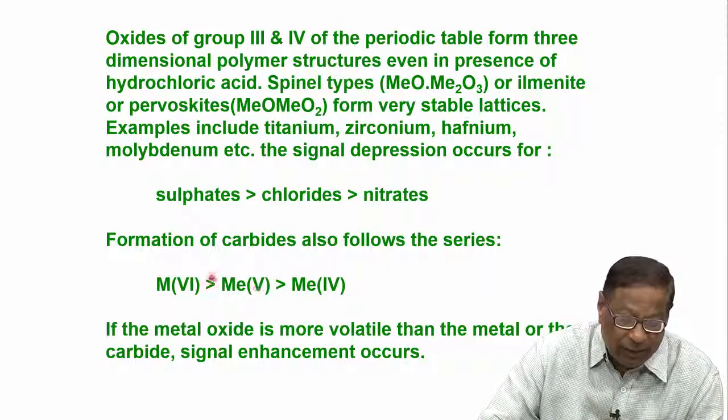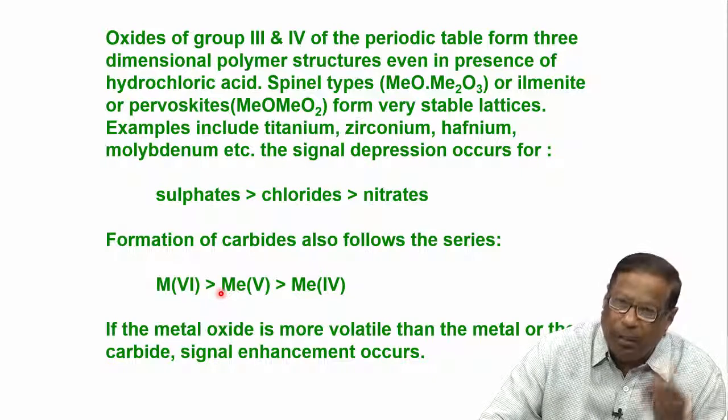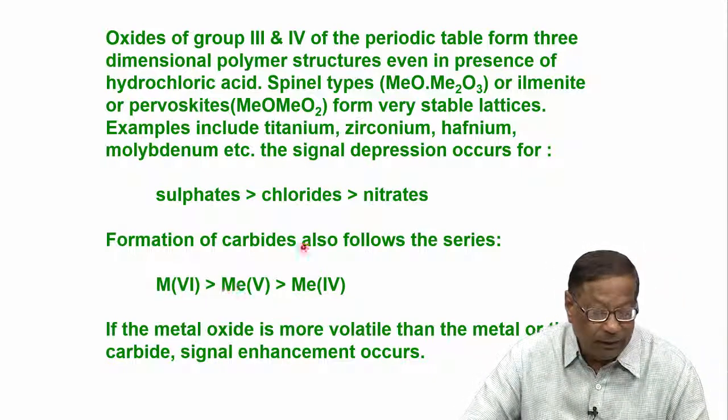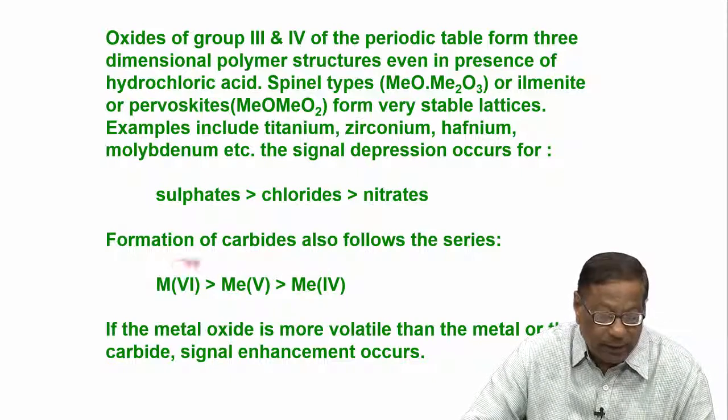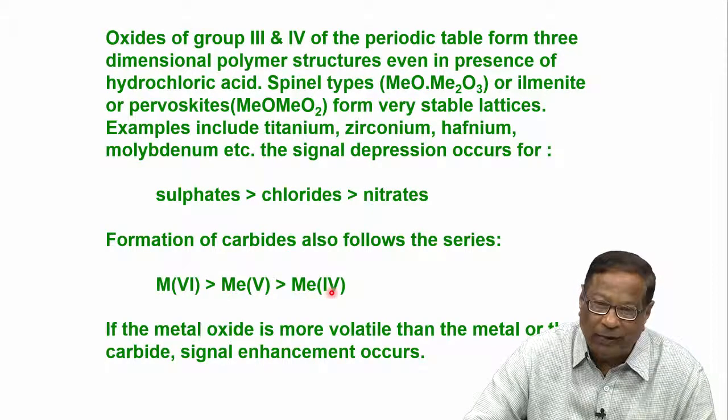That means, if you have such elements and you are doing it by flame, you are bound to get lower absorbance. So, the formation of carbides also follows this series, that is hexavalent is stronger than pentavalent than tetravalent metal ions.